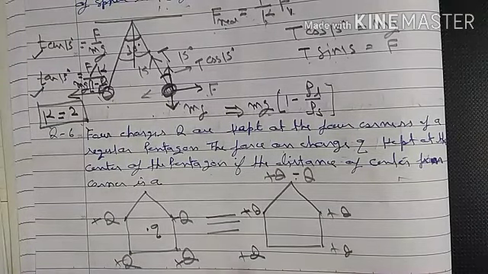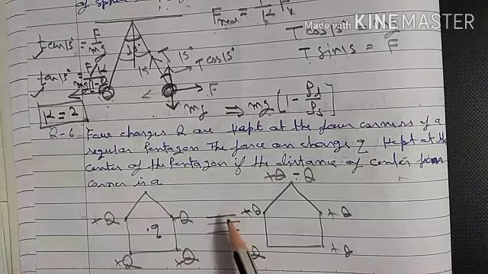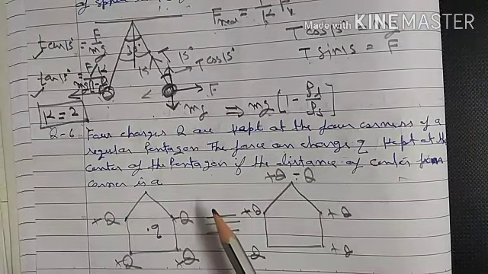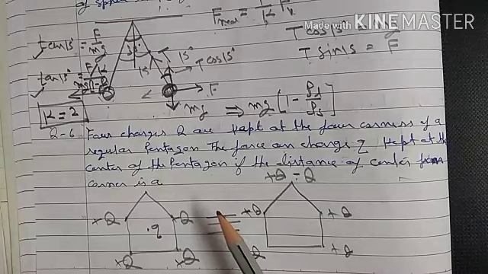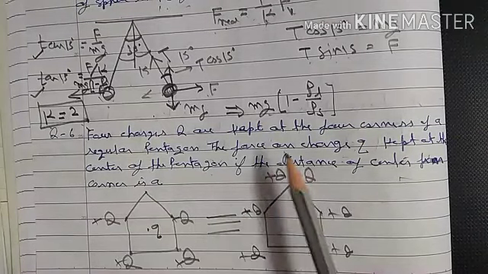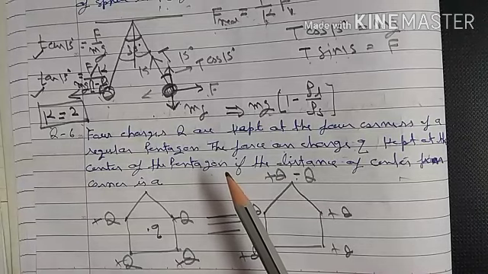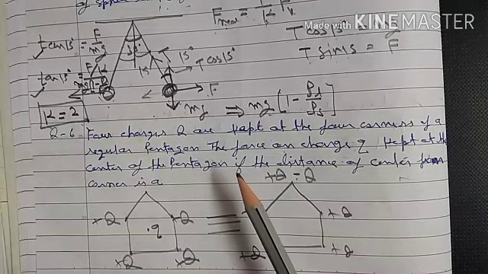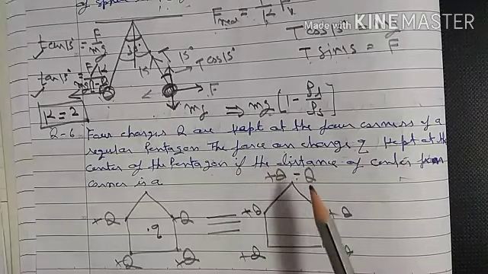So we said just now that all the plus Q charges at the corners will produce zero resultant force at the center. So we can conveniently remove all the 5 positive Q and will be left with only 1 negative Q on the top.